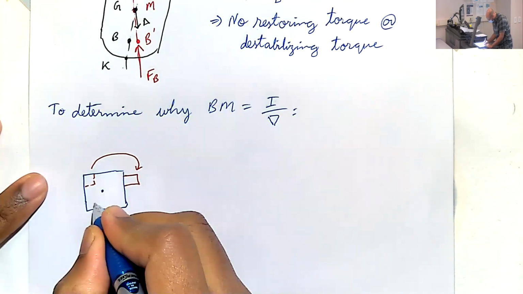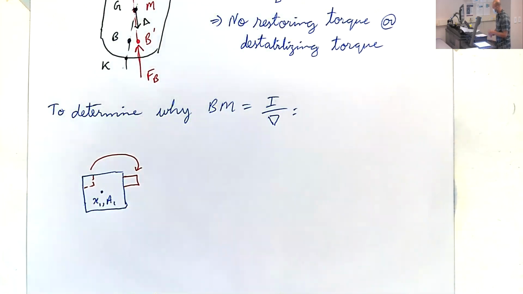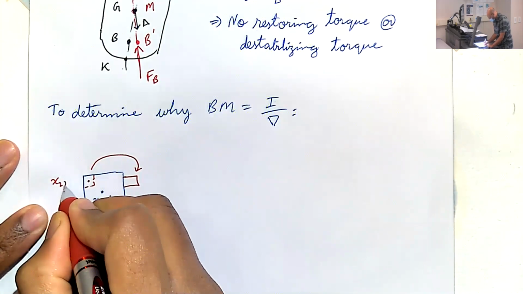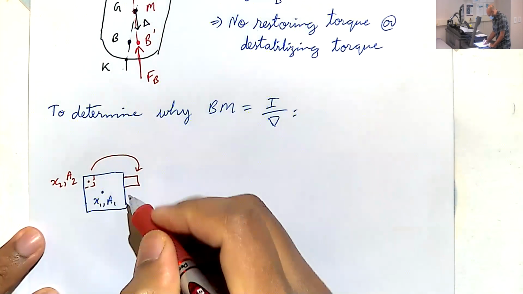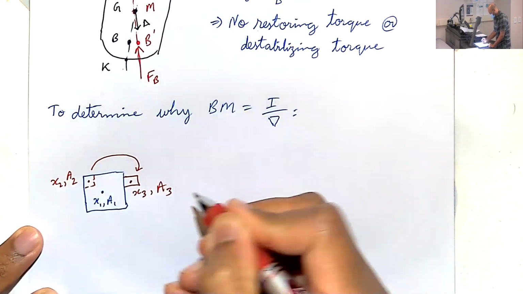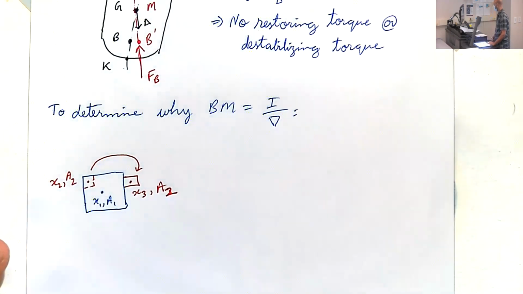Initially, we had x1, area 1. The piece we cut out, let's call its center x2, area 2. And where we move it, we call it x3, area 3. Well, area 2 is equal to area 3. We're just talking about the x coordinate. Of course, there will also be the y coordinate.